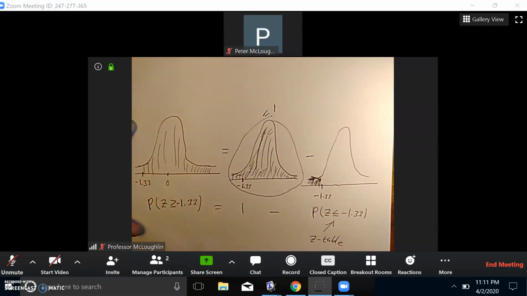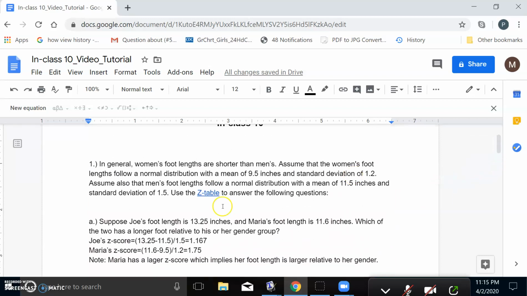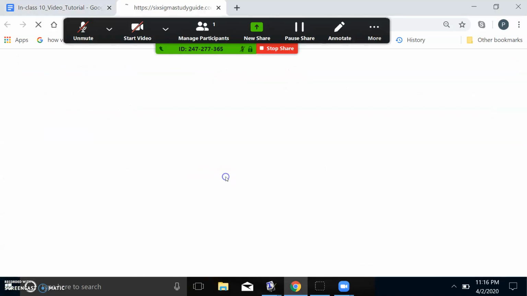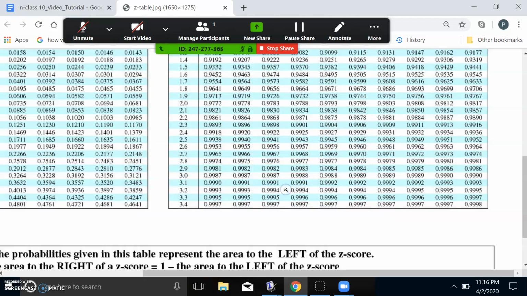Okay, so let's keep going. I just noticed there should be 11.5 right there. Now to keep going with this question, we have to go to our table. I'm going to click on the z table right here. Let me make this a bit bigger.